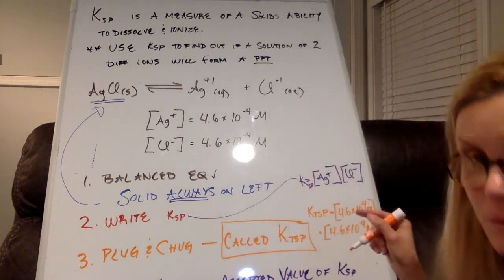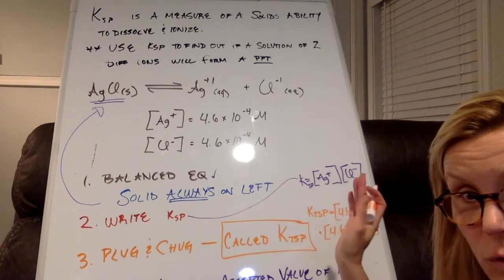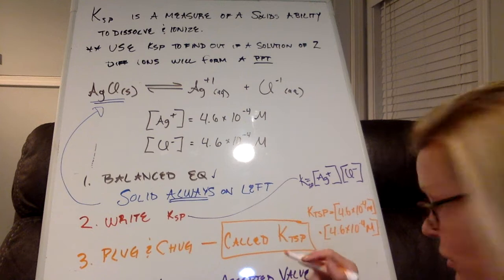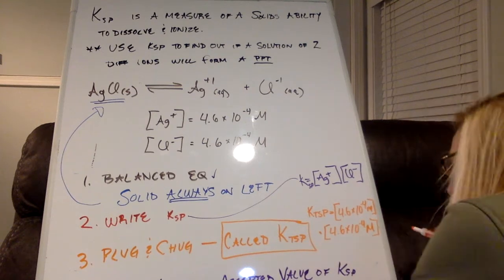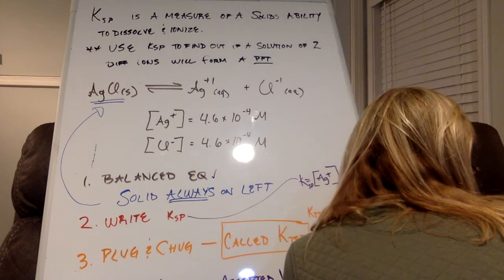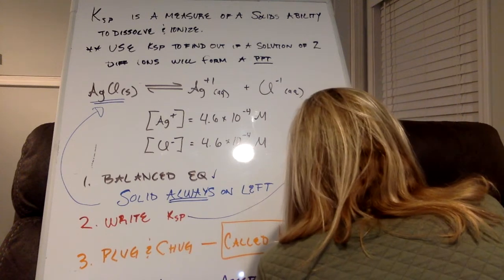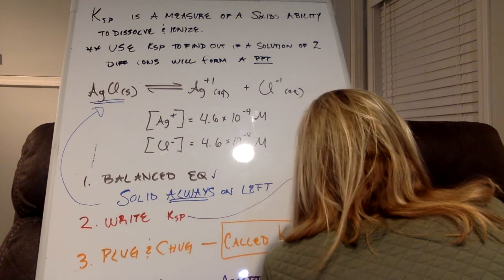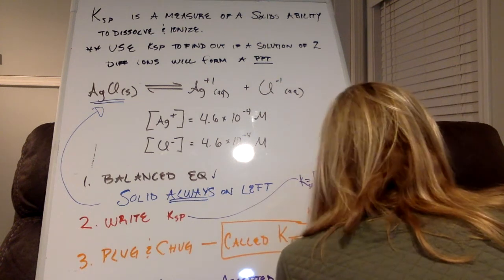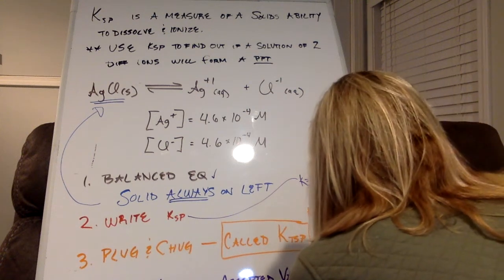We're just multiplying those together. And remember, if they had coefficients, I'd have to multiply by the coefficients, but there's no coefficients. So plug and chug, when I plug those two numbers in, I get 2.1 times 10 to the negative 7. That's my trial KSP.